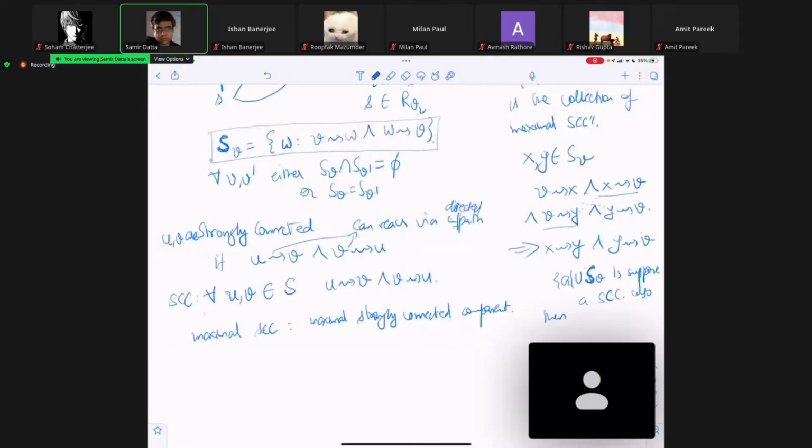Then you can easily see that there is a path from V to A and A to V, which means that A belongs to SV. Correct? Do you agree, or is there any problem?